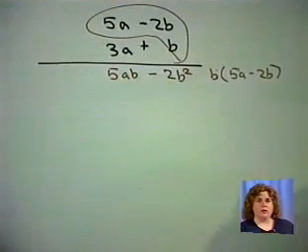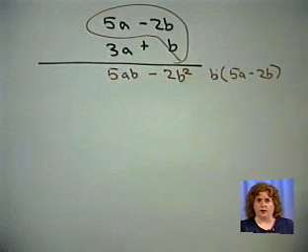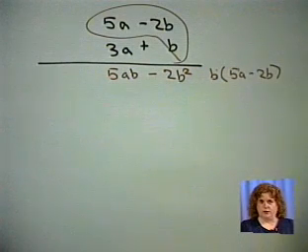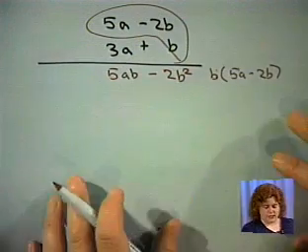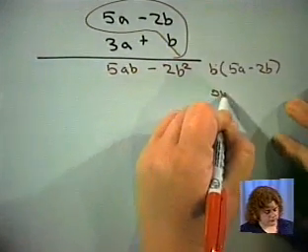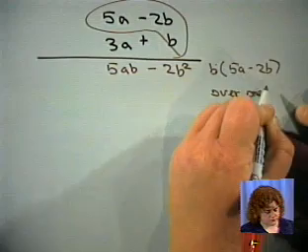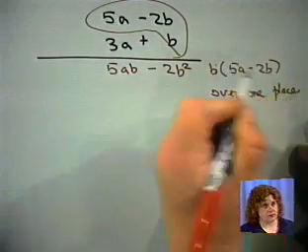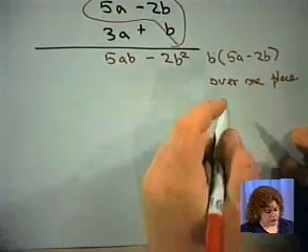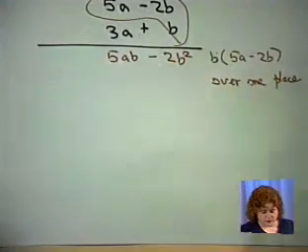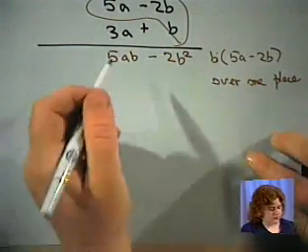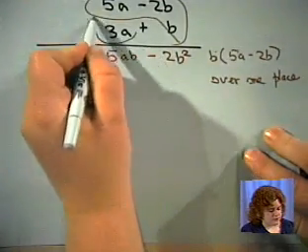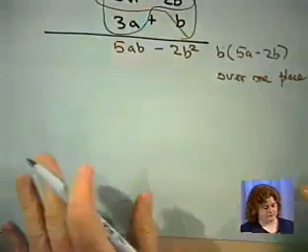Now, when we were working with ordinary numbers, we just moved over one place, and we'll do that again here. And what we'll do is our second, the 3a, times the entire top.